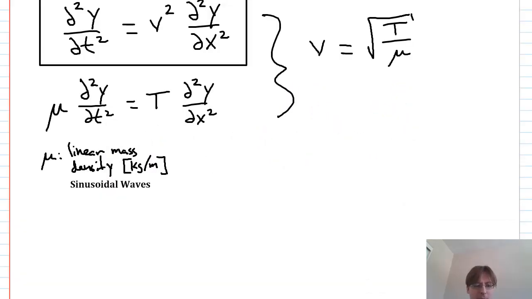So notice that it had a wavelength. So it's not just a pulse, it's a repeating set of pulses, and therefore it repeats whenever x advances by lambda, the wavelength. Okay, so let's try to figure out the mathematical wave function then.